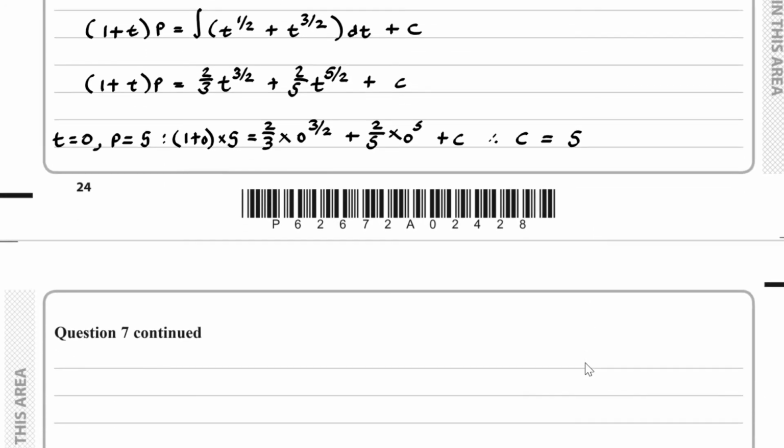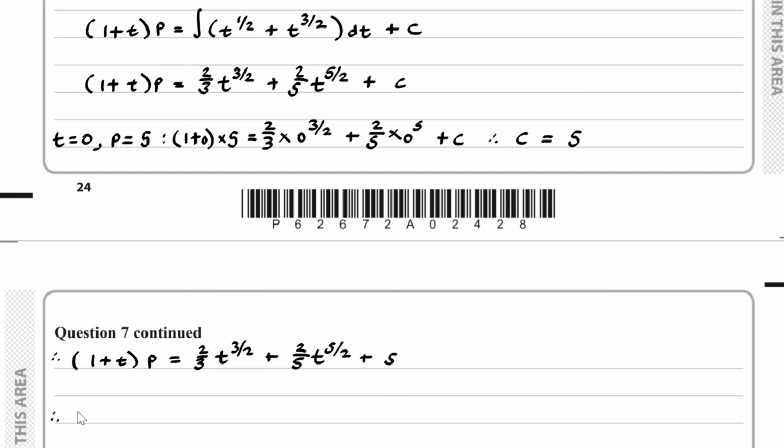And knowing that c equals 5, we can therefore conclude for our particular solution, we have 1 plus t lots of p equals 2/3 lots of t to the power of 3/2 plus 2/5 lots of t to the 5/2 plus 5.